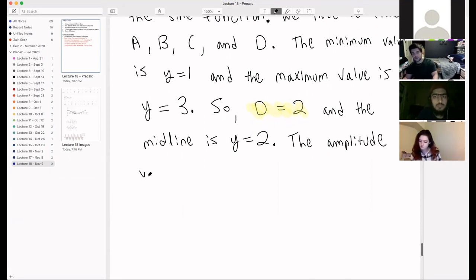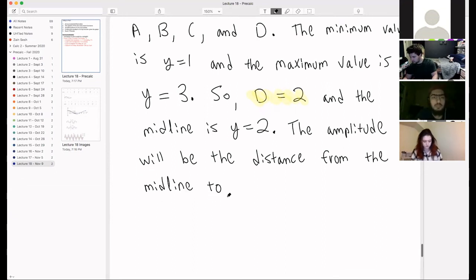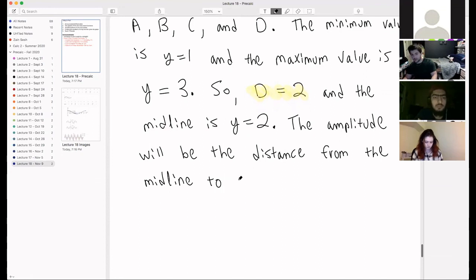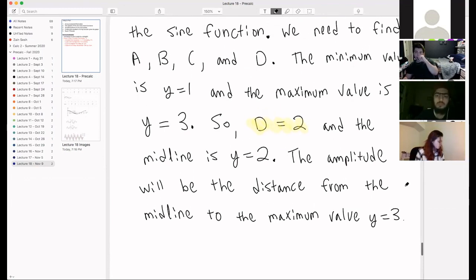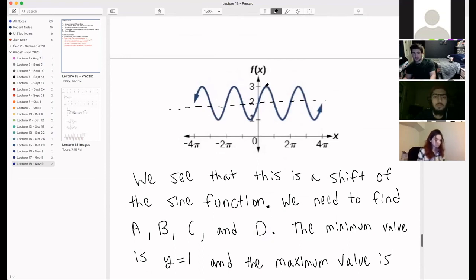Now the amplitude. The amplitude will be the distance from the midline to the maximum value, y equals 3. So what's the distance from the midline, which is 2, to the maximum value 3?